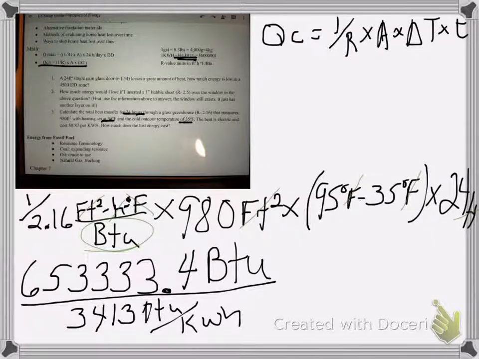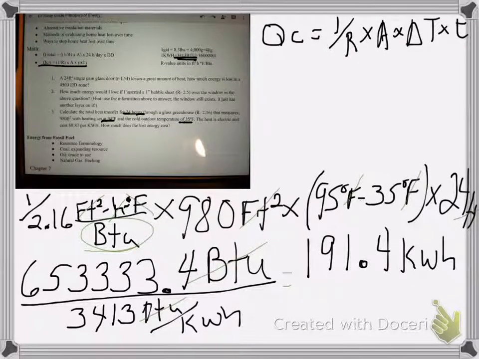So my BTUs will cross out, and I will be left with my answer in kilowatt hours. When I do that, I get 191.4 kilowatt hours.